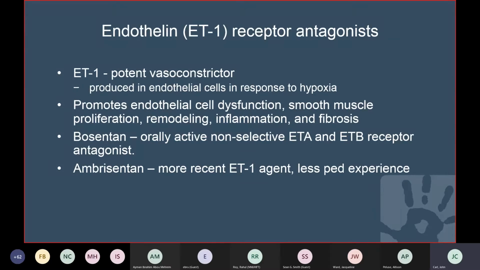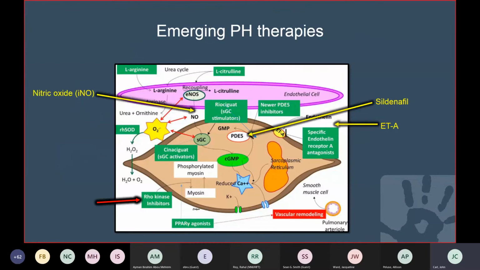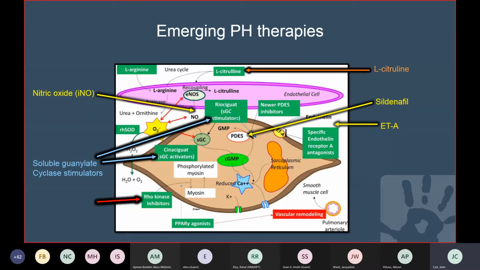The primary agent we use is bosentan, but ambrisentan is also used in some institutions, bosentan being an orally active, non-selective ETA and ETB receptor antagonist, with ambrisentan being a more recent agent, but with less pediatric experience in most centers. There are other emerging PH therapies: soluble guanylate cyclase stimulators, L-citrulline, rho kinase inhibitors, and PPAR gamma agonists.